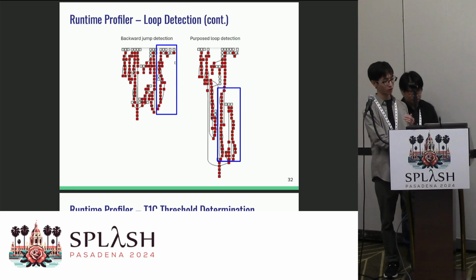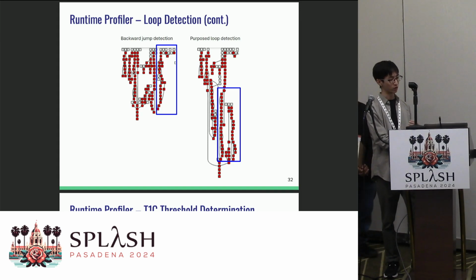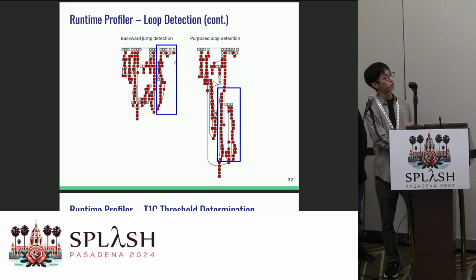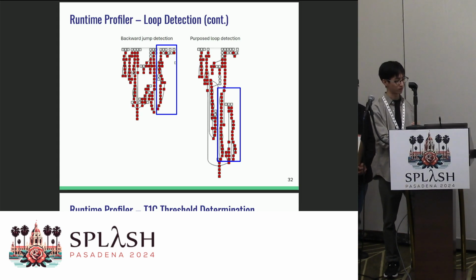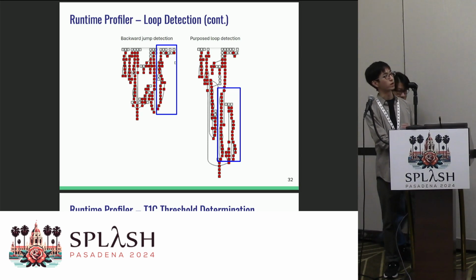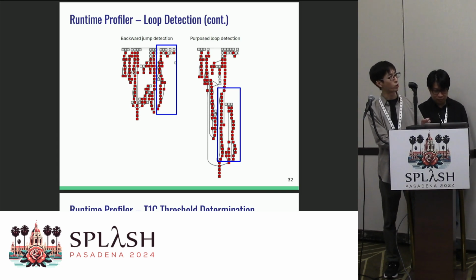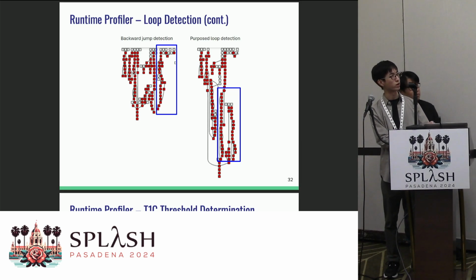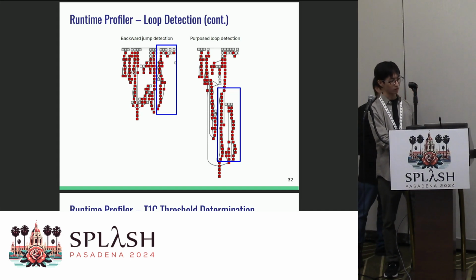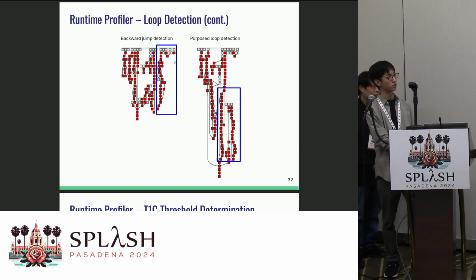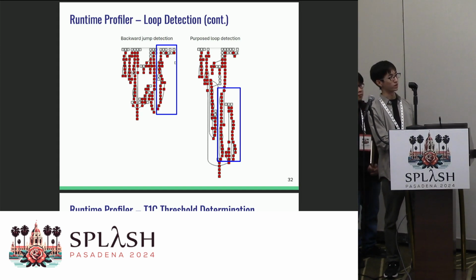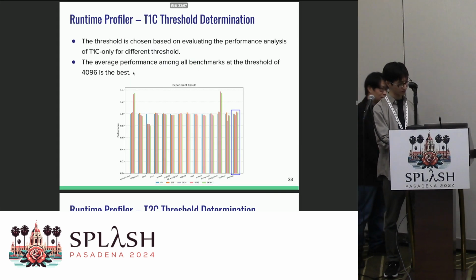The right side is the proposed loop detection, and the left side is the first method, which breaks down the inner loop into small pieces, and we don't want this.